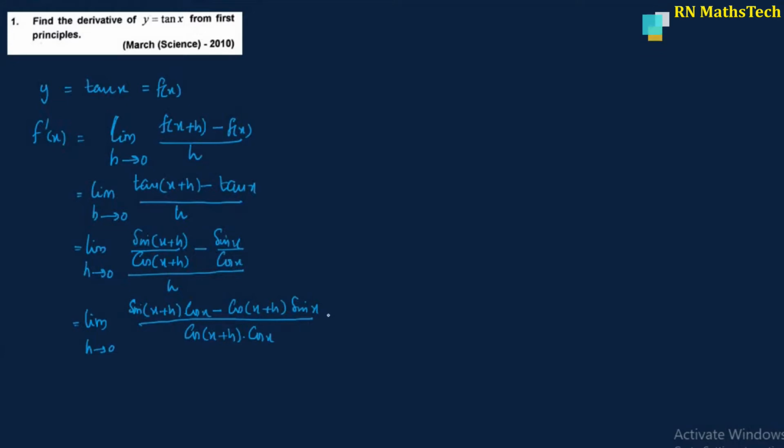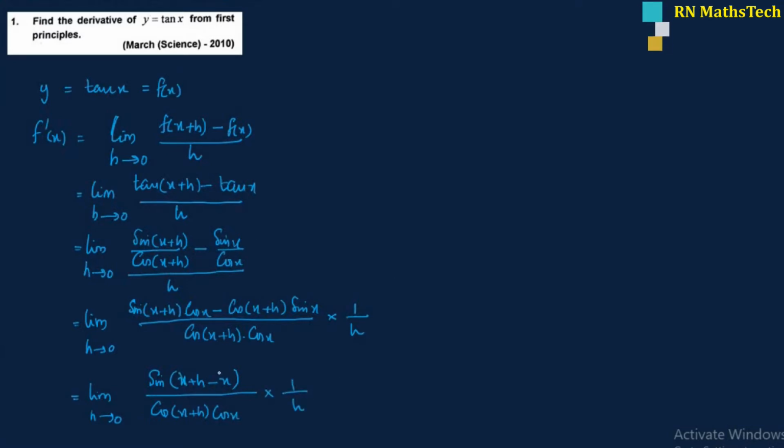Divided by h becomes into 1 by h. That is equal to limit h tends to 0. Sin x cos y minus cos x sin y is sin of x minus y, that is sin of x plus h minus x, divided by cos x plus h into cos x into 1 by h.